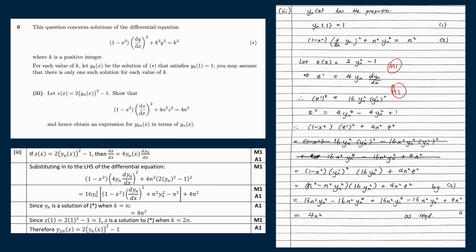Then the next 2 M marks and also 2 A marks come from actually plugging into the differential equation, and for the final A mark, appealing to the fact that yn obeys what the student here has called equation 2. So let's see, they've set this up, they've computed the square, they've computed that term, and they've put it in.